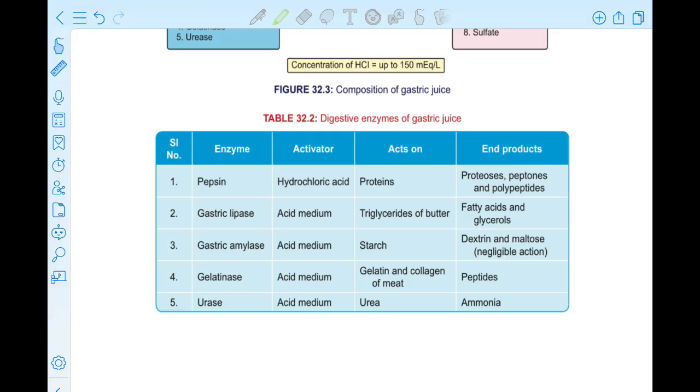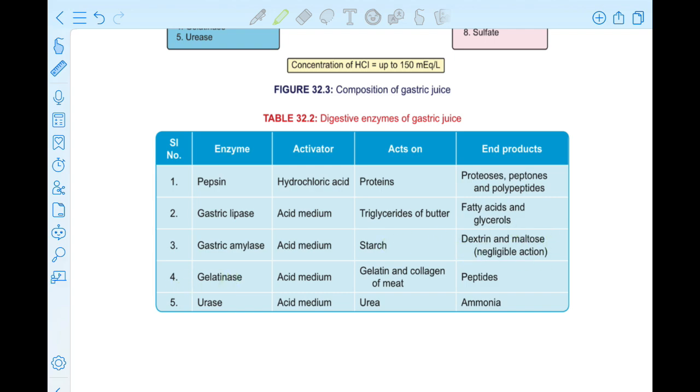It also acts in an acidic medium and it acts on the triglycerides of butter, and the end products are fatty acids and glycerols. Gastric amylase, again, acts only in an acidic medium. It acts on starch in the food, and the starch is split into dextrin and maltose.